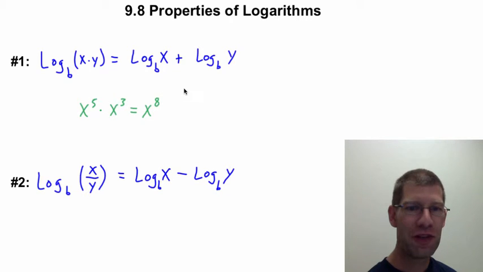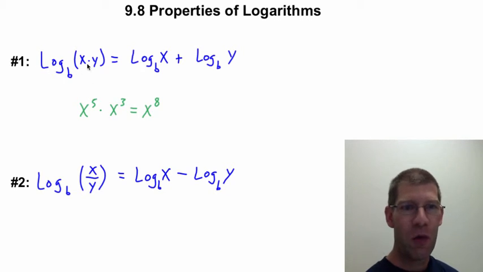If you think back to the definition, a logarithm is really a fancy way of writing an exponent. When you have a logarithm, say this logarithm here, what that equals is the exponent, because it'd be b to some power equals this. So a logarithm really just is an exponent. And if you think about it, multiplying 2 numbers, what do you do to the exponents? You add them. So that's maybe one way to kind of remember it there.